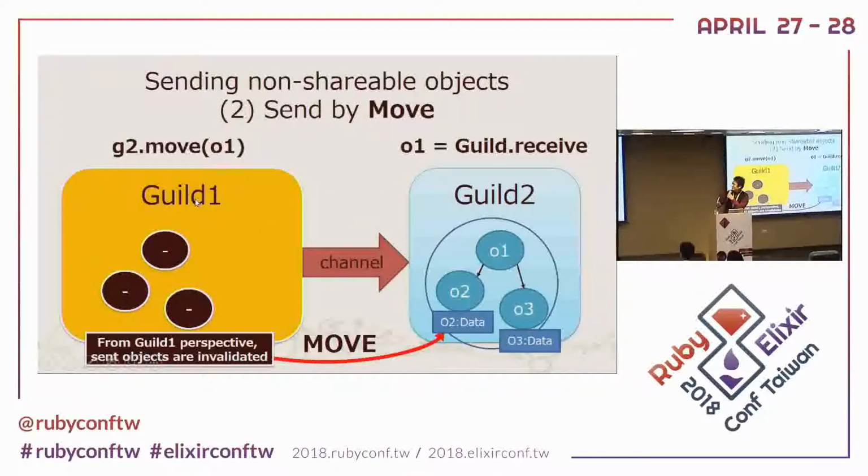After moving, if we access O1 or any object referenced from O1, it is prohibited. But guild 2 can access O1. So maybe it means transferring the membership.